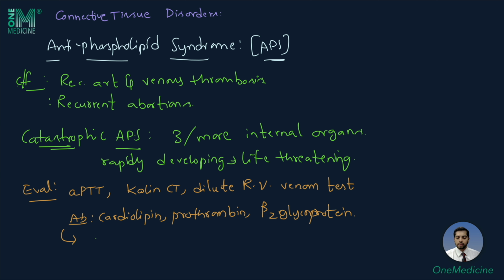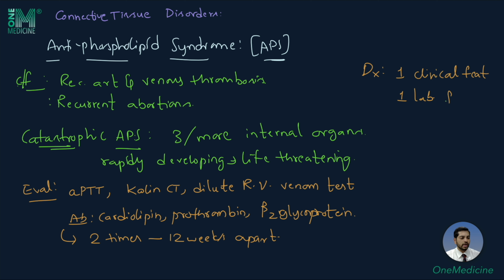These antibodies are measured 2 times and 12 weeks apart. Diagnosis can be made in the presence of at least one clinical feature and one laboratory finding of antibody.